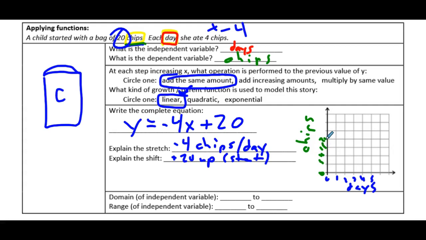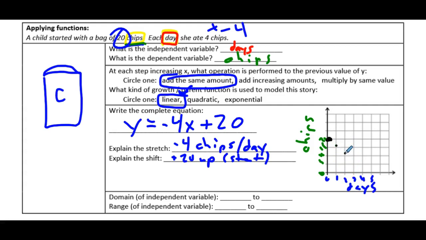And that gives me a starting point of 0 days, 20 chips. So put a big dot right there. After 1 day, I've lost 4 chips, so I'm down to 16. So I'm a little over the 15 here. And then after 2 days, on day 2, I'm down 8 chips, so I'm down to 12.